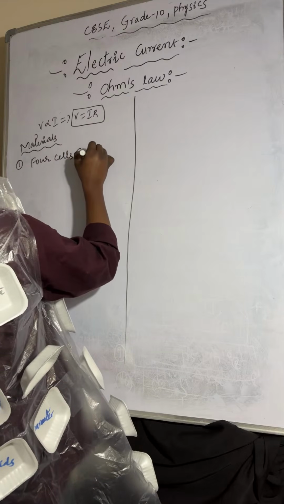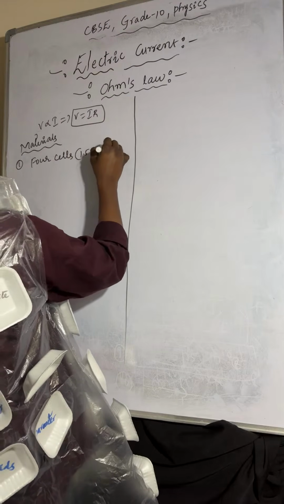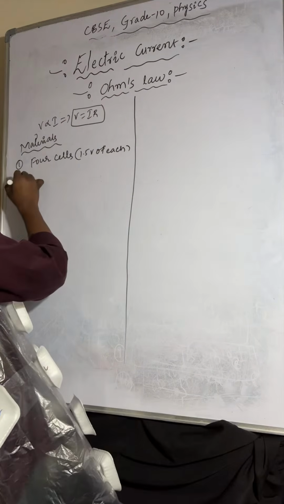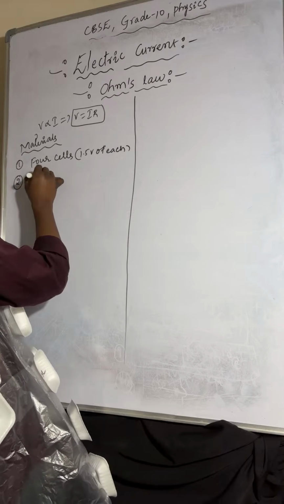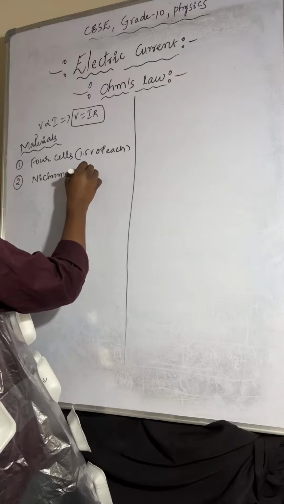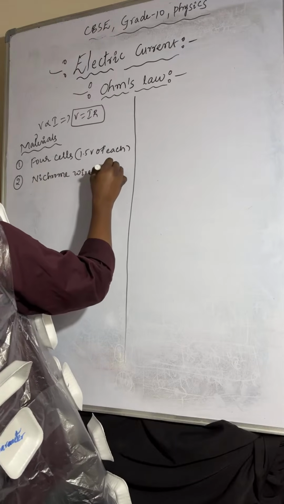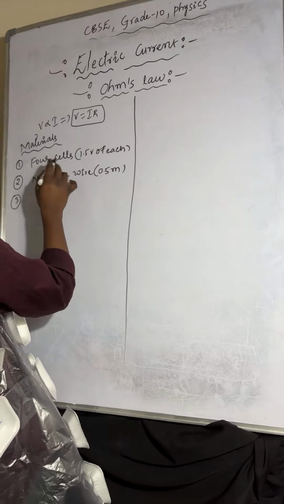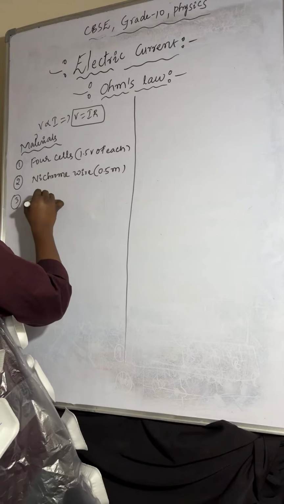So 1.5 volts of each. First one, cells. Coming to the second one, nichrome wire, 0.5 meter length. The third one, 4 cells, nichrome wire, ammeter.